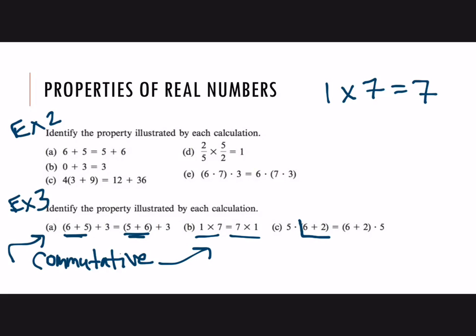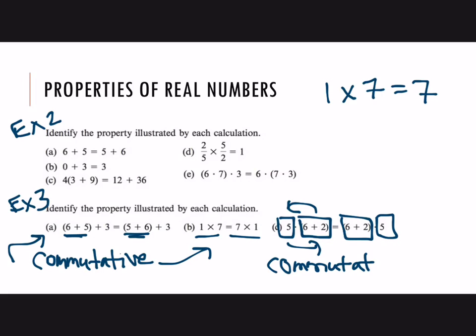This 6 plus 2 has switched places with the 5. They've flip-flopped, switching order around a multiplication symbol. This is yet another example of the commutative property. We've switched the 5 and the parentheses, the 6 plus 2.